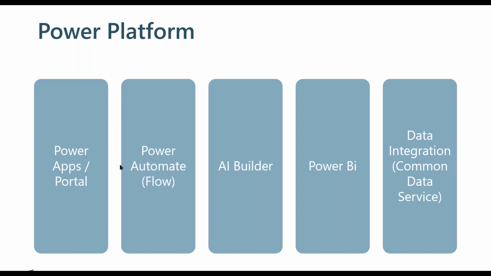The second component in the Power Platform is Power Automate, which is what Microsoft formerly called Flow. Power Automate is probably a better term, because it's really a cloud-based application that allows you to leverage those connectors we talked about in Power Apps to build data flows.